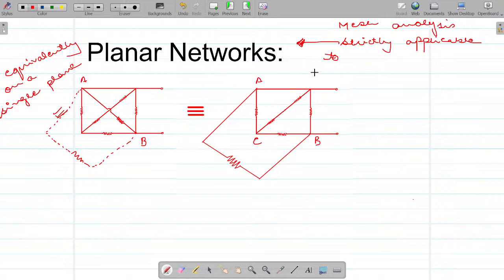Let's call these C and D. I'm inserting a resistance here, and let's again insert a resistance here.